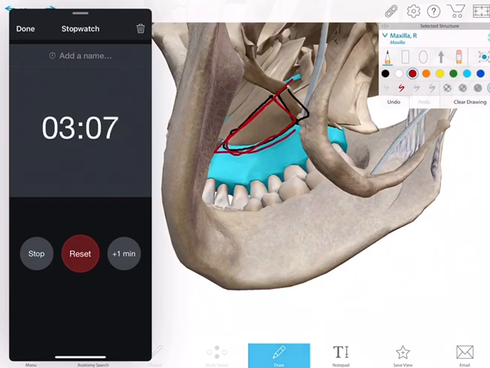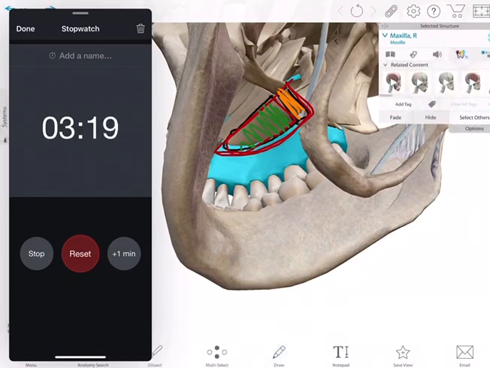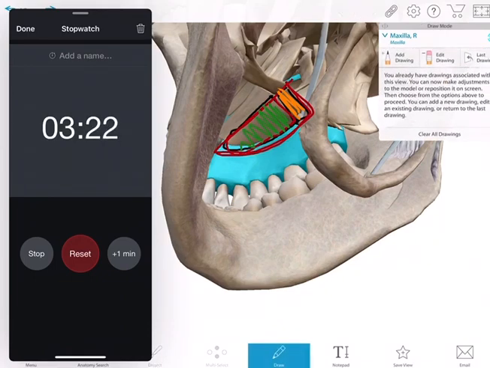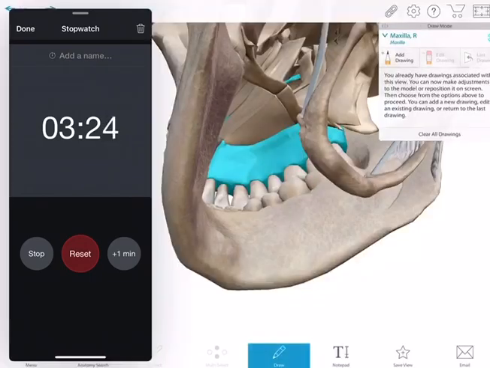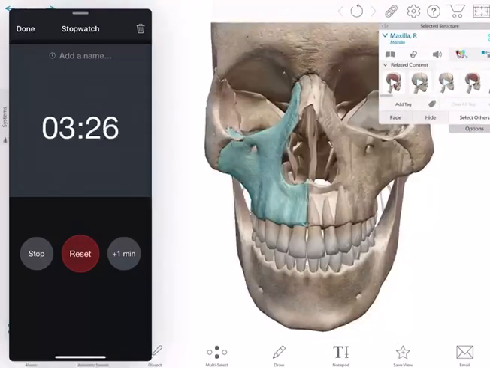This part is the hard palate, and it consists of a contribution from the palatine bone and a contribution from the maxilla. So by this we see the hard palate and its formation.